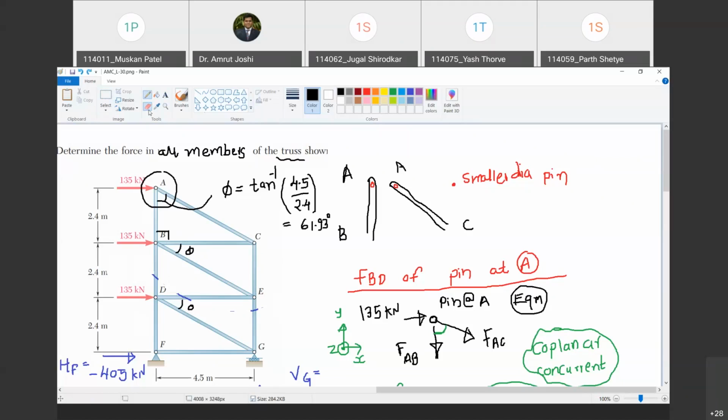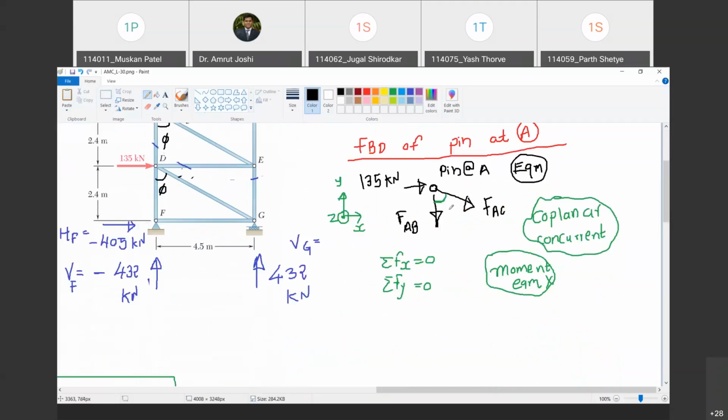This is not phi. BEC will be 5. Yes, this angle is phi. This angle is phi. Do you agree with me? Happy? Yes. And this phi is same. At all these three places, you have same angle, that is 61.93 degree. Now, I will write down that angle here, 61.93 degree. Happy? Yes, sir.